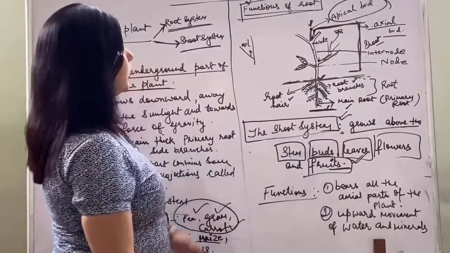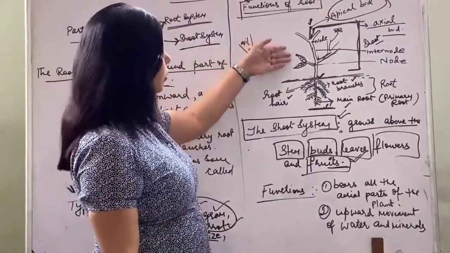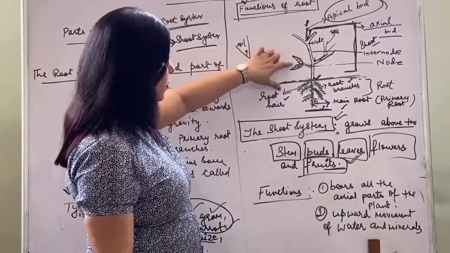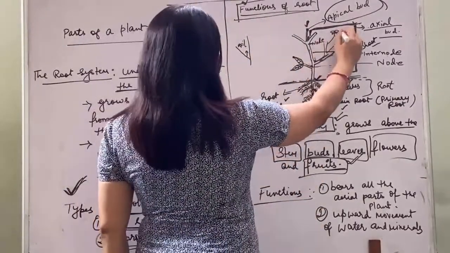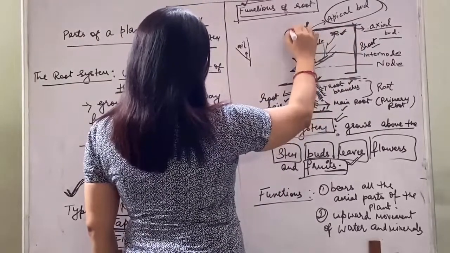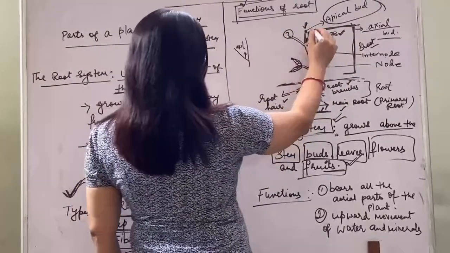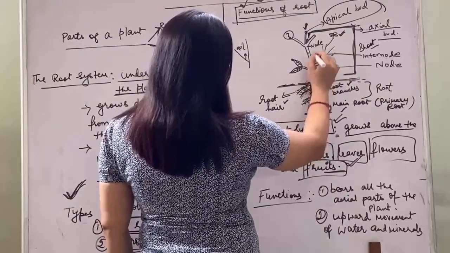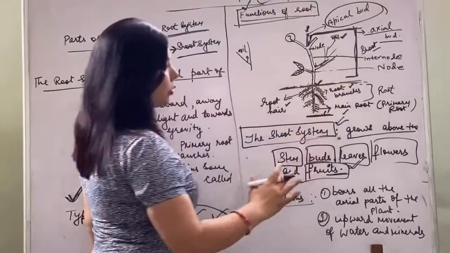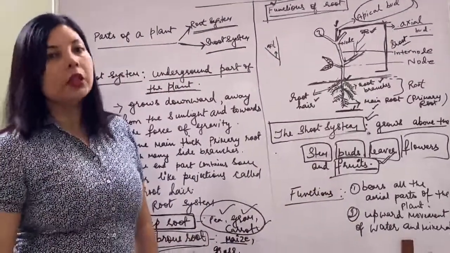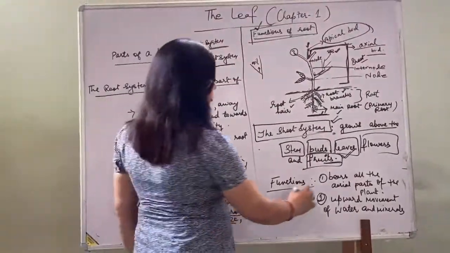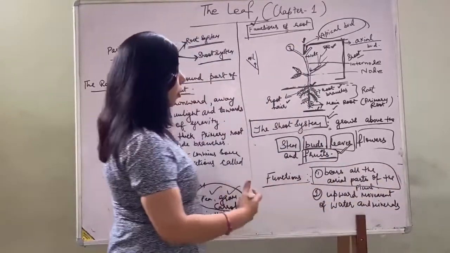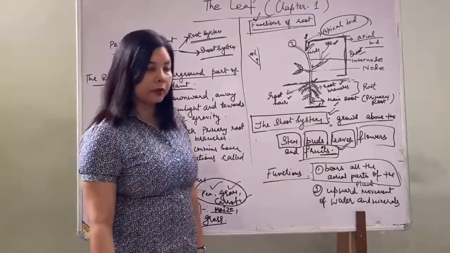So we have seen many parts on the shoot system. We have the stem, leaves, flowers and fruits. Then we have the apical bud, axillary bud, nodes and internodes. The shoot system is of great importance to the plant. The stem bears all the aerial parts of the plant.